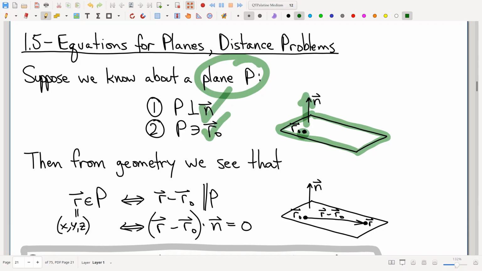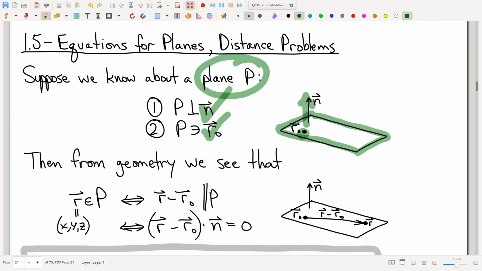And I appeal to your geometric intuition. With a point and what we call a normal vector described, there is only one such plane. There's not going to be multiple different planes that go through the same point and have the same normal vector. It's just not possible.